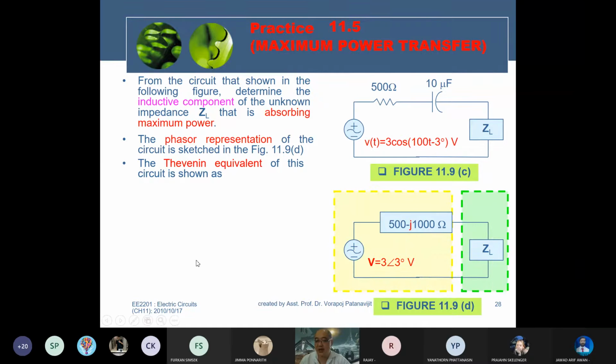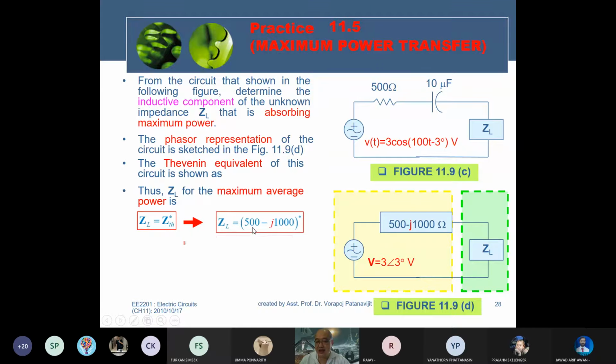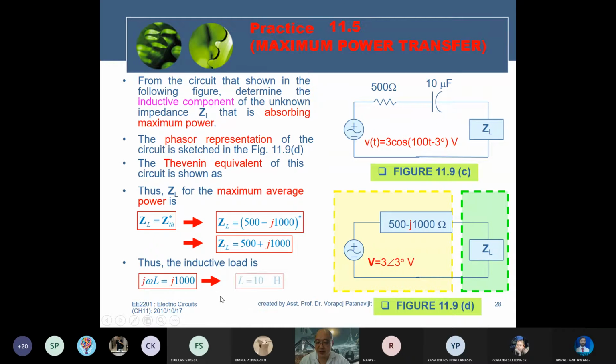From the maximum power transfer theorem, ZL will receive the maximum power when ZL equals ZTH conjugate. ZTH equals 500 minus j1000. Therefore, ZL equals 500 plus j1000 ohm. That's the inductive load in this case.